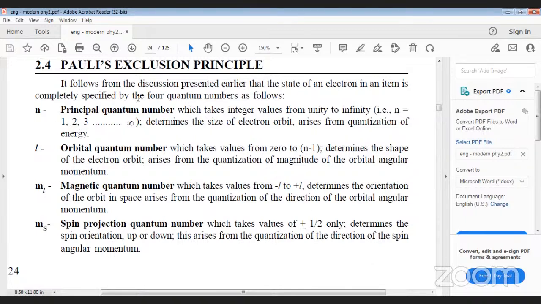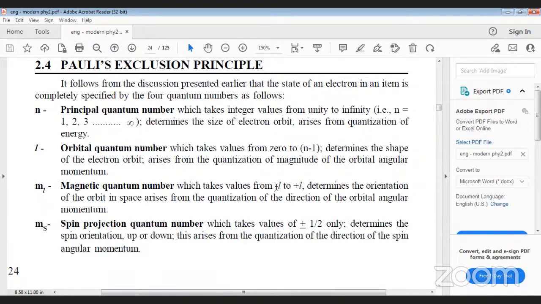Principal quantum number n, which determines the size of the electron orbit and also arises from the quantization of energy. Next is the orbital quantum number, denoted by small l, with values 0 to n minus 1. This determines the shape of the electron orbit and arises from the quantization of magnitude of the orbital angular momentum.